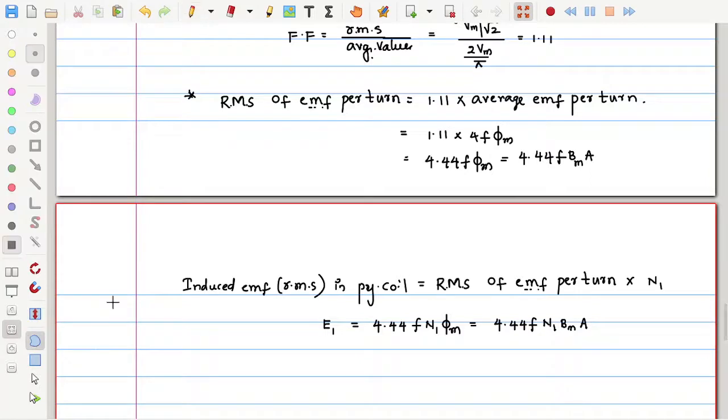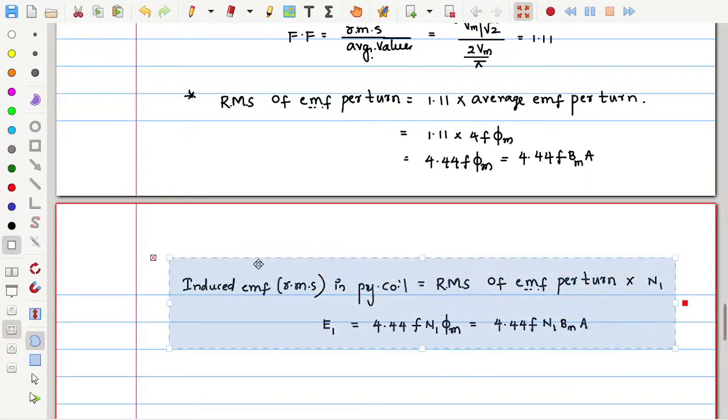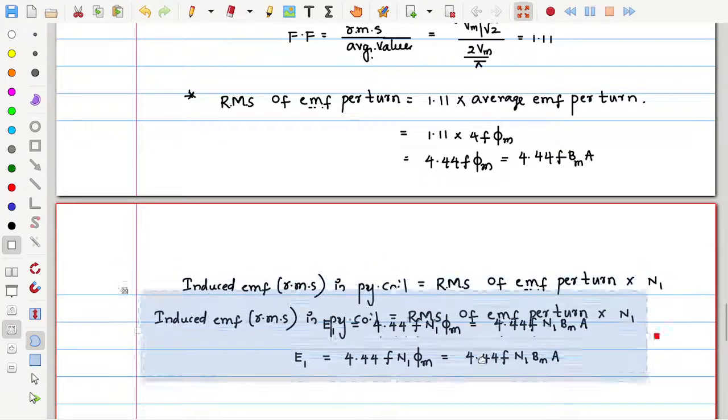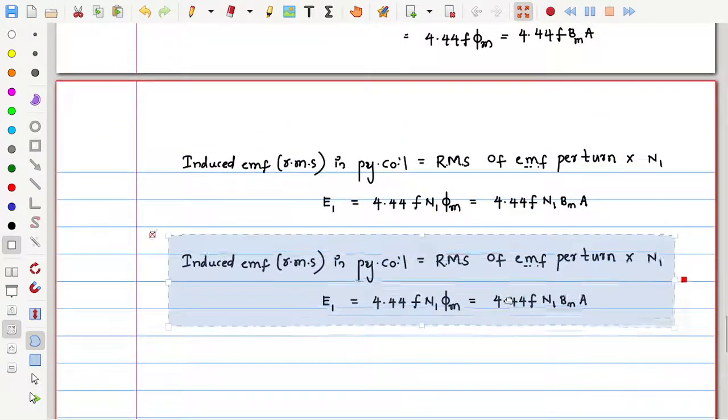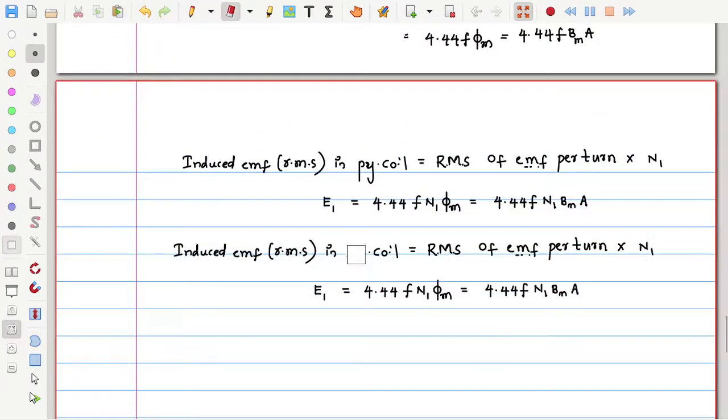Similarly, think of the secondary coil. What about the induced EMF in the secondary coil?